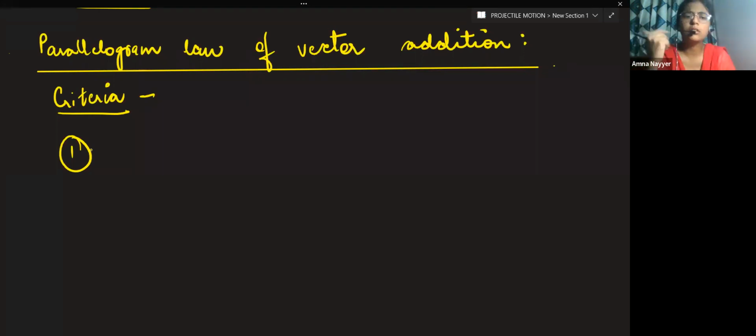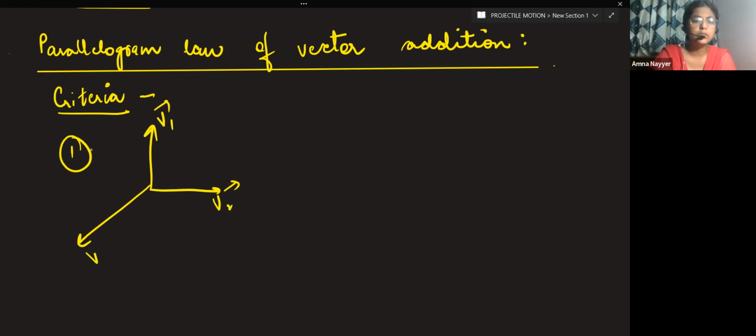Then you can do one thing, like if these are vectors, let's say this is v1, this is v2, this is v3. Now these are three vectors. So how to apply parallelogram law and solve? Two vectors are initially solved together, like this vector and this vector will be solved together.